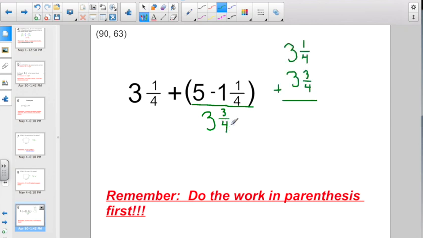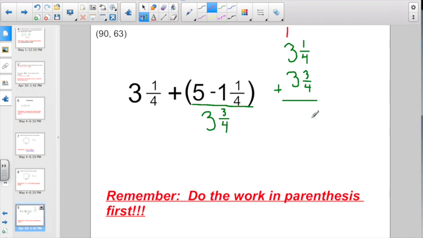So now that I have the answer for the work in parentheses, I want to set it up: 3 1/4 plus 3 3/4. Go ahead and start with the fraction side first. 1/4 plus 3 more fourths. Well, that's 4/4. Are you going to go and write 4/4? Doesn't 4/4 equal 1 whole?